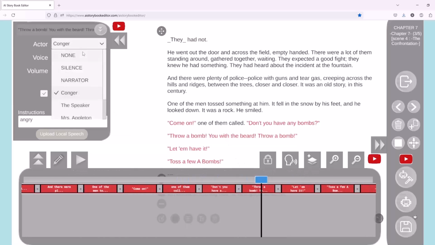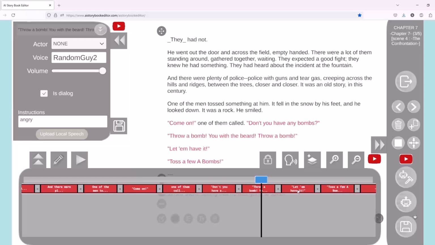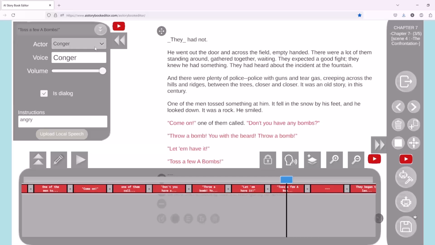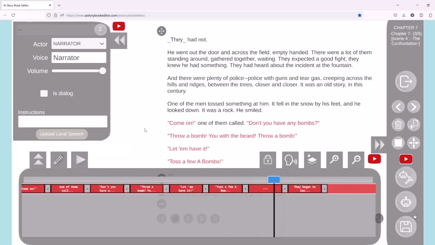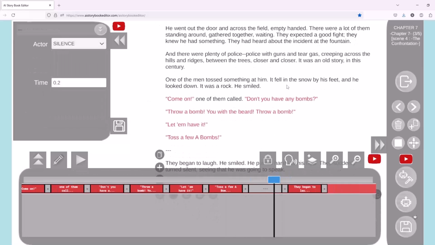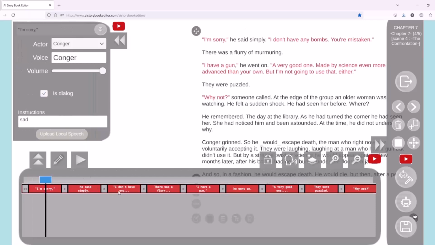Another random guy. This is Conger. And a random.